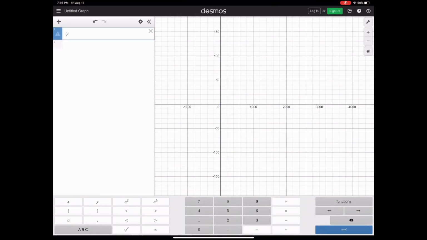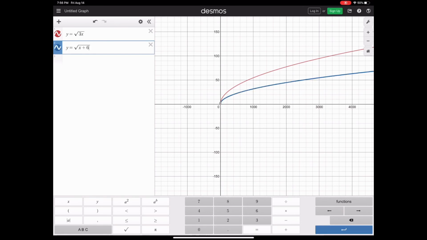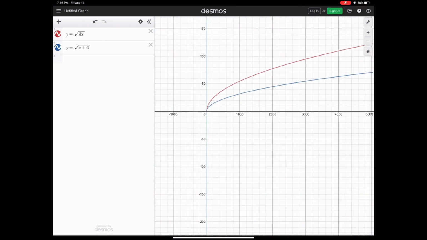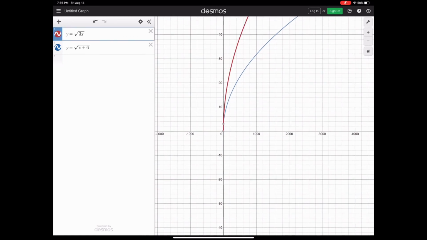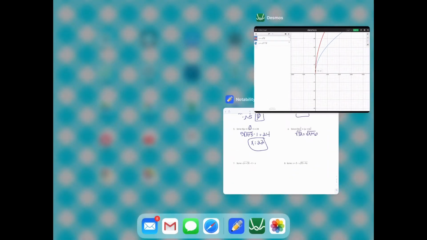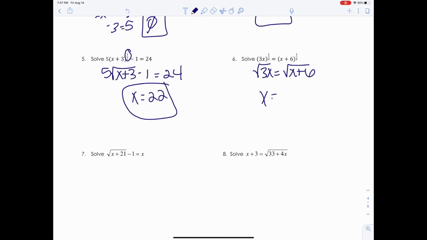So I've got y equals square root of 3x, and y equals square root of x plus 6. Okay, if I zoom in, right there is going to be the intersection at 3. So you always use the x value. So x equals 3.